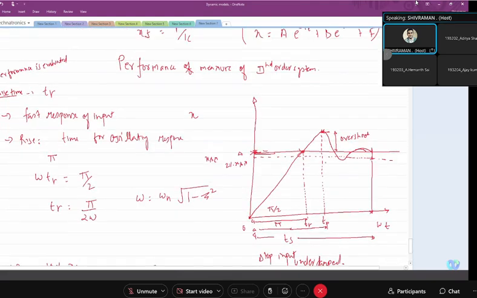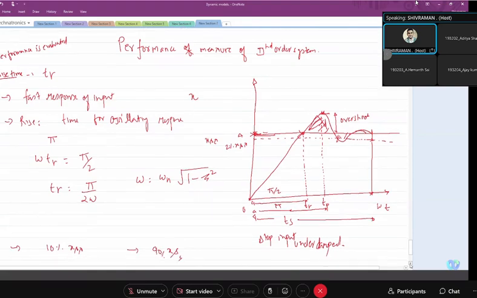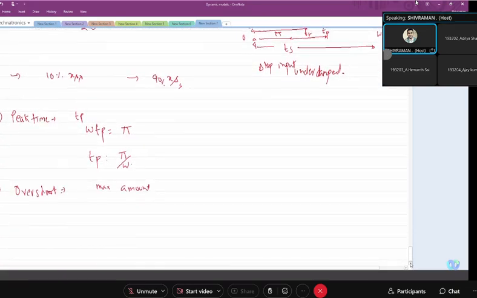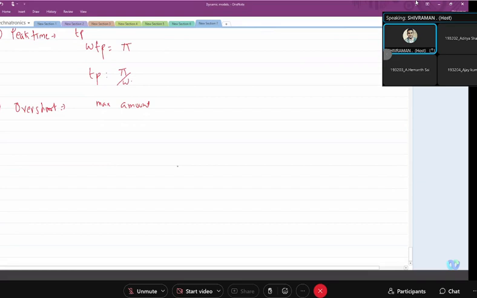So here this is the overshoot, the maximum amount by which the system can overshoot from its steady state value. This is the first overshoot. Likewise, this is second, third. So before reaching steady state, a system may go through a number of overshoots. It can be one, two, three, four, depending upon the system.